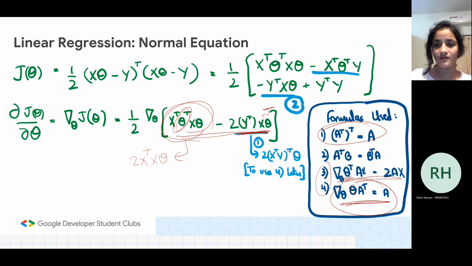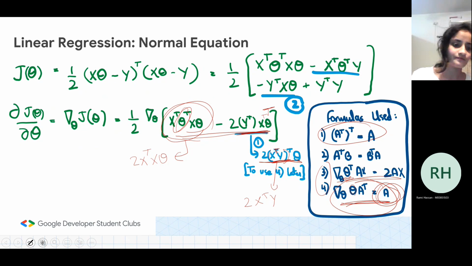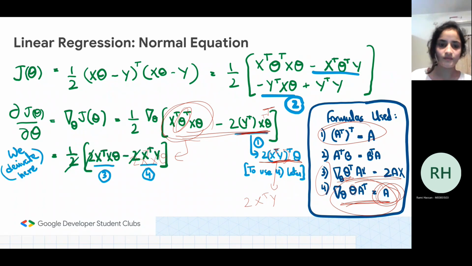So if we write it in another way, we're going to have this line. We have the transpose over here on x, and then we have it in the bracket, so that all the coefficients came in the bracket, and we have theta. So this time, this is going to turn into 2 times, we just have the coefficient in the end, right, in the formula. So it's just going to be x transpose y. Whatever's in the bracket is going to stay as it is. That's what we did. So next step over here, that's what we wrote.